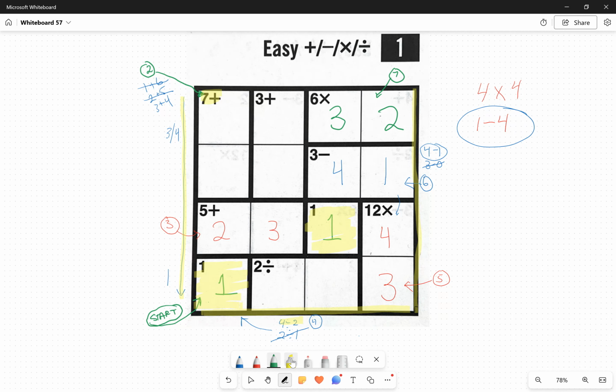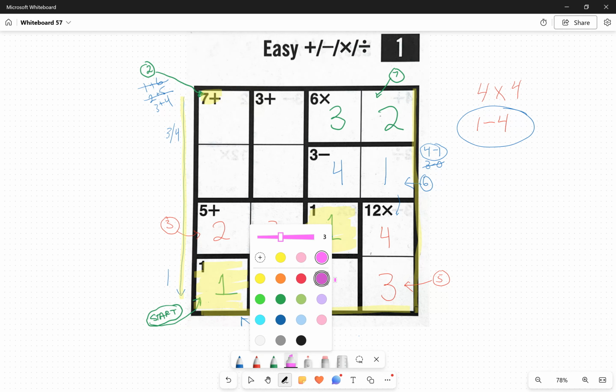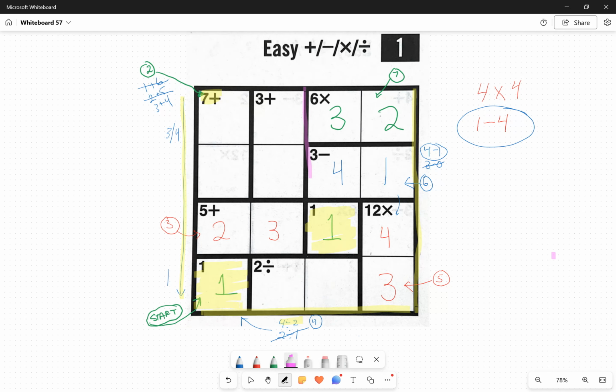Okay, now what I'm going to use is a different highlighter, because it's getting messy here. This column right here, we have 3 of the 4 numbers, 3, 4, and 1. So that now tells me, okay, this has to be 2, because 1, 2, 3, 4, I've used the digits 1 through 4. How do we get 2? We said we were going to go 4 divided by 2, so I'm going to put 4 here, 4 divided by 2. Okay, that was my eighth step.